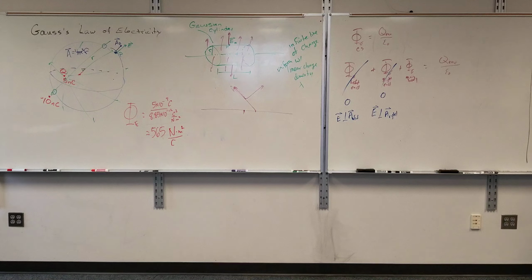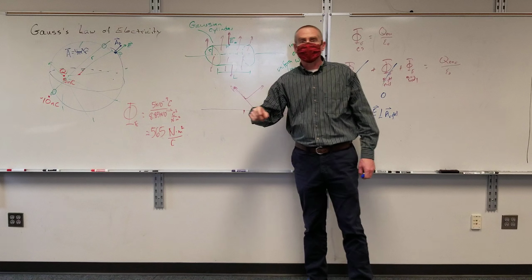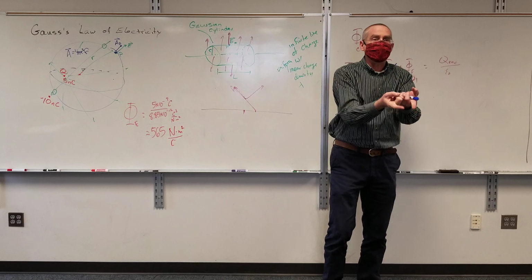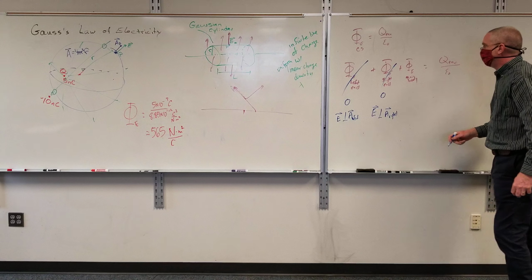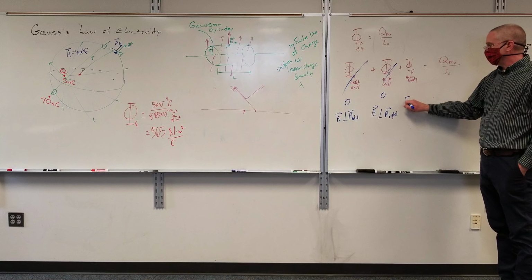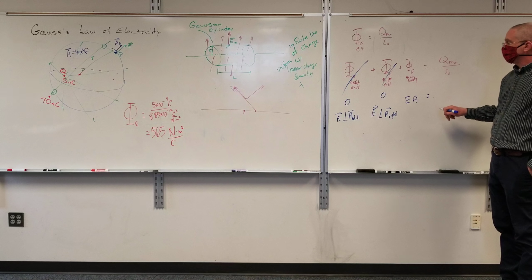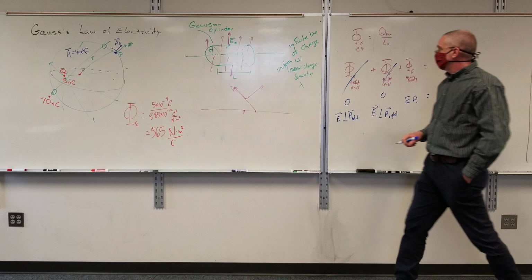And at this point, what's the direction of the area vector? Same as the electric field. When I'm out here in front, which way is the area vector? Same as the electric field. The electric field and the area vector are always in the same direction no matter where I am on the cylinder. So E dot A is just the electric field times the area. And that's equal to my enclosed charge divided by epsilon naught.